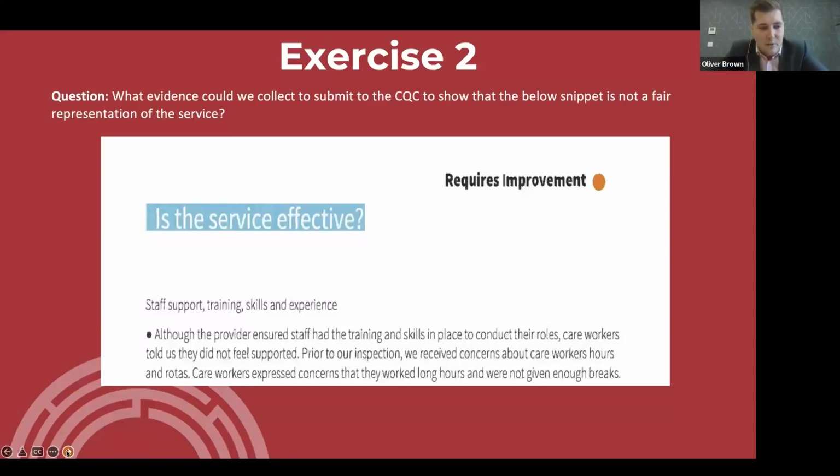So in essence, if we go to the next circle here, the key behind this negative comment is that staff do not feel supported. So I guess the question really would be, what sort of things as a provider could you demonstrate to show that this is wrong? I'm just going to click on and have a little look.